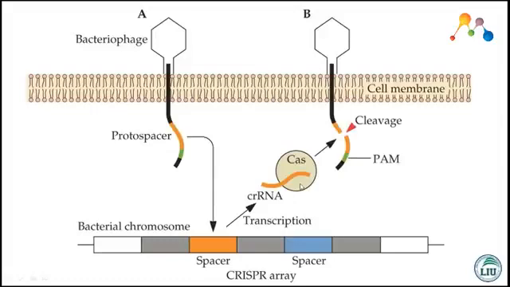In the natural bacterial CRISPR-Cas9, there are short sequences called the protospacer. Protospacers are the structure of this DNA before they become the spacers within the locus.